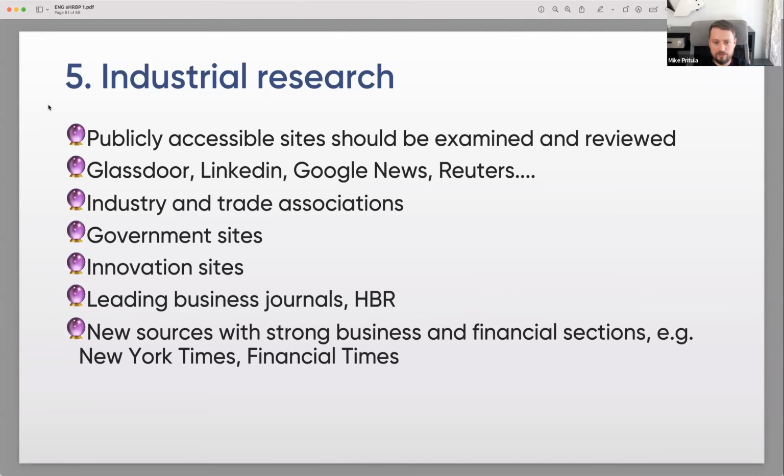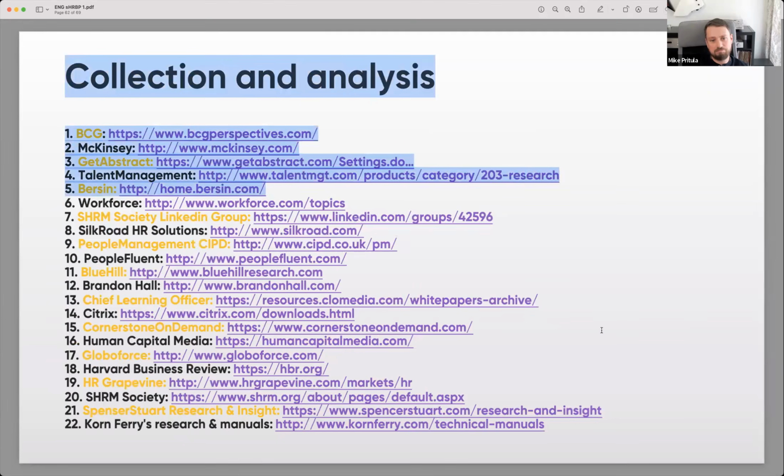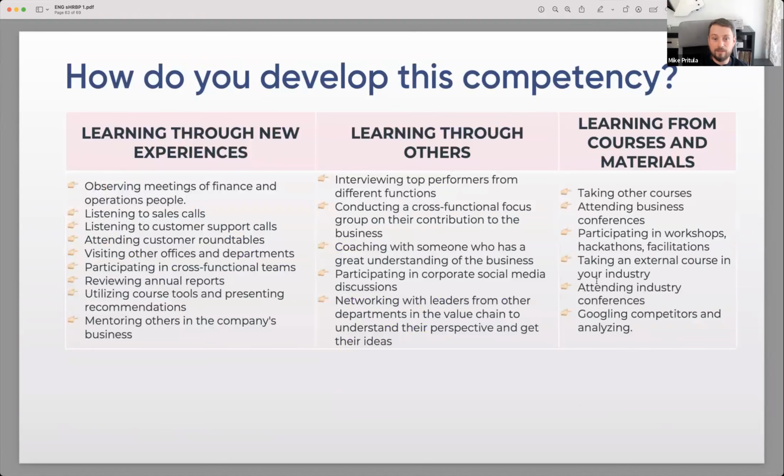Google News, Reuters, industry and trade associations, government sites, innovation sites, leading business journals like Harvard Business Review, and news sources with strong business and financial sections like the New York Times, Financial Times, and others. Here is a set of different sources that you may want to track and read on a regular basis.